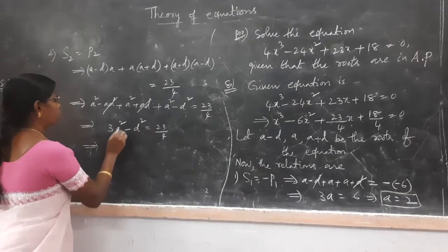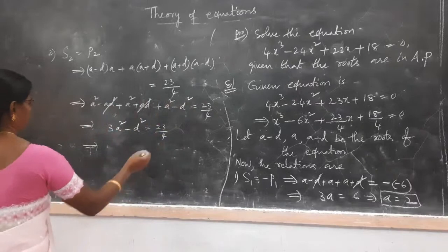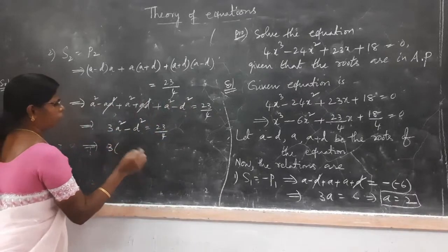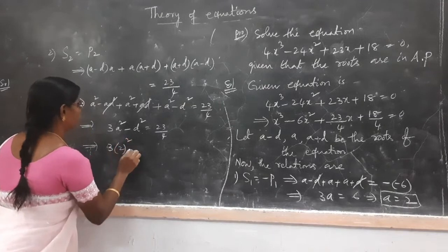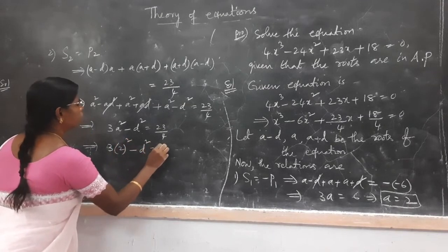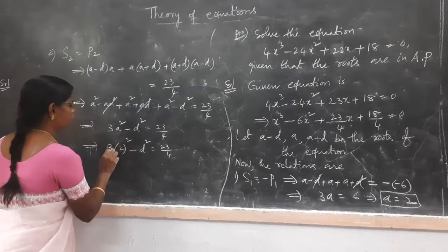What do we need? We need d. What is the value we have? a is equal to 2, substitute it. So 3 into a, what is a? 2. Okay, 3 into 2 square minus d square is equal to 23 by 4. So 2 square is 4, 4 threes are 12.